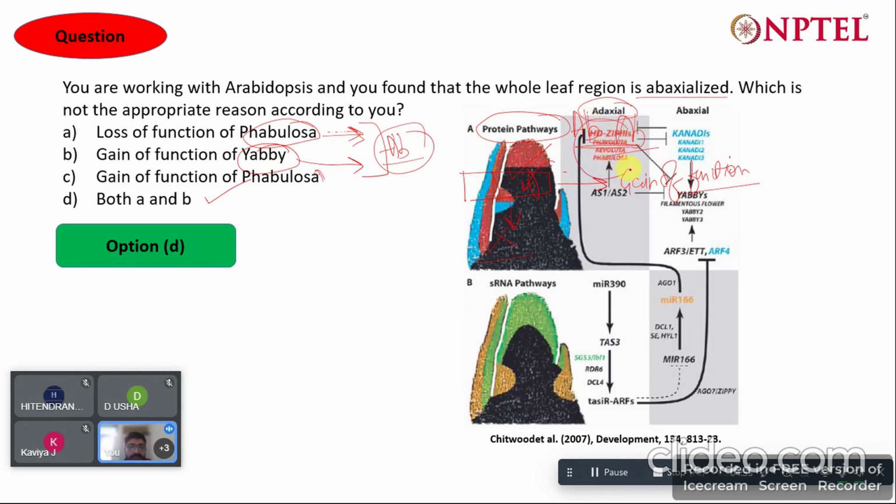All these are present towards the adaxial side, and kanadi and YABBY are present towards the abaxial side. So whenever there is a gain of function mutation of YABBY and a loss of function mutation of fabulosa, both things will contribute towards the abaxialization of the leaf.